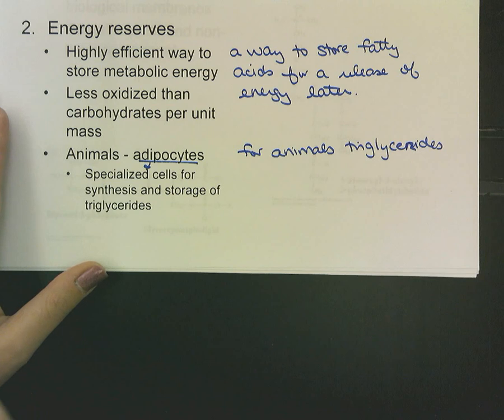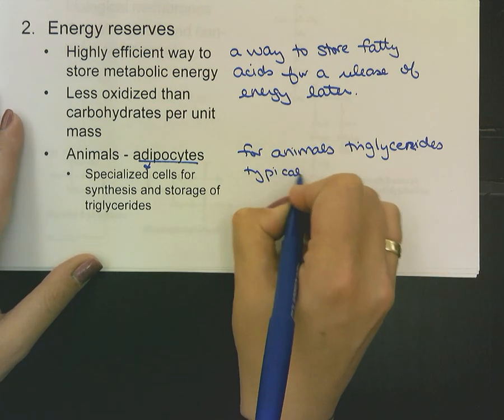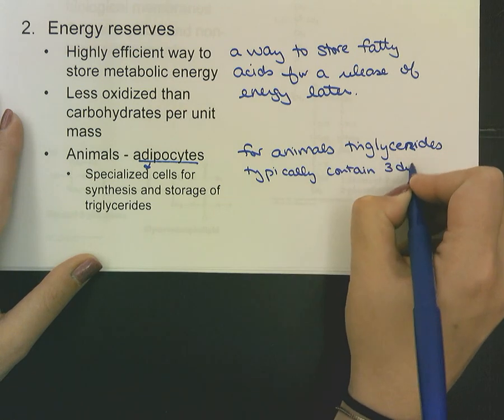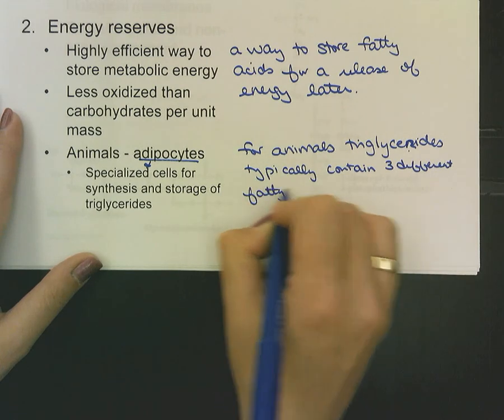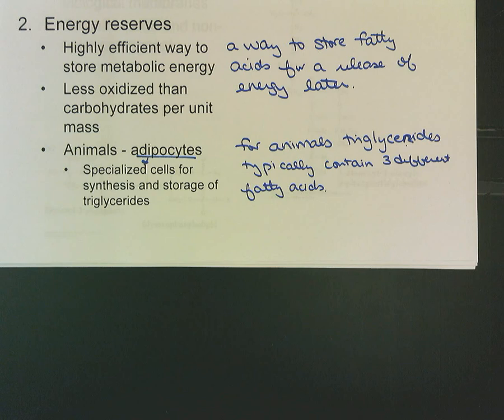So for animals, these triglycerides typically contain 3 different fatty acids. Just like in the picture we just looked at of a triglycerol, the 3 fatty acids that were being linked together are 3 different ones.